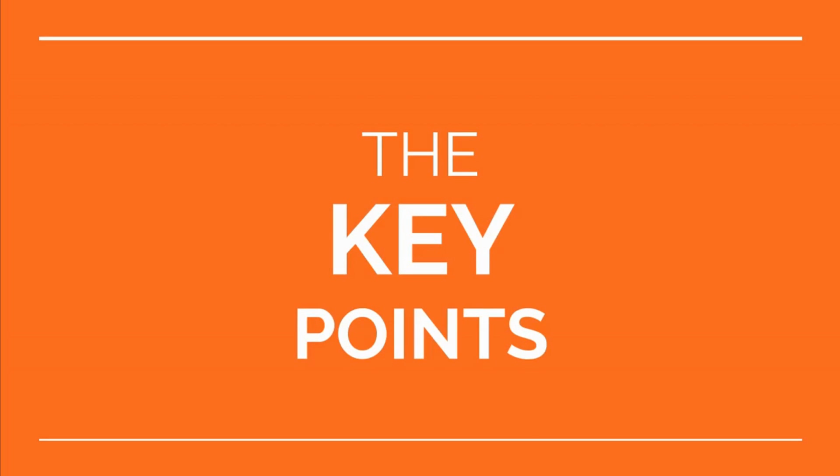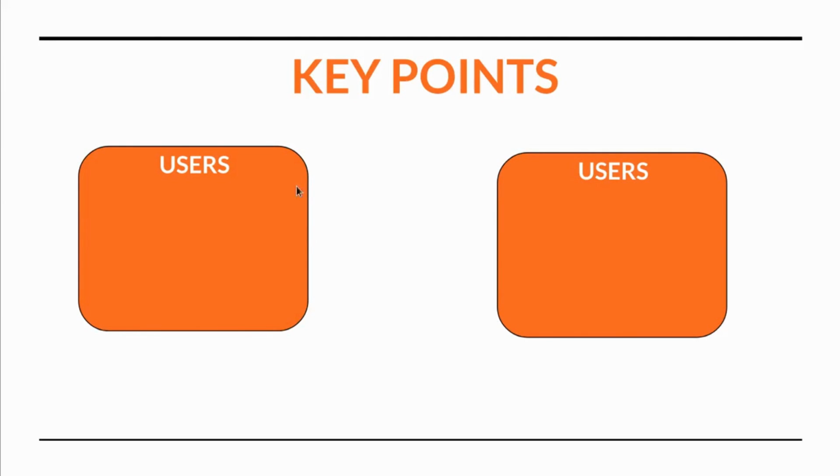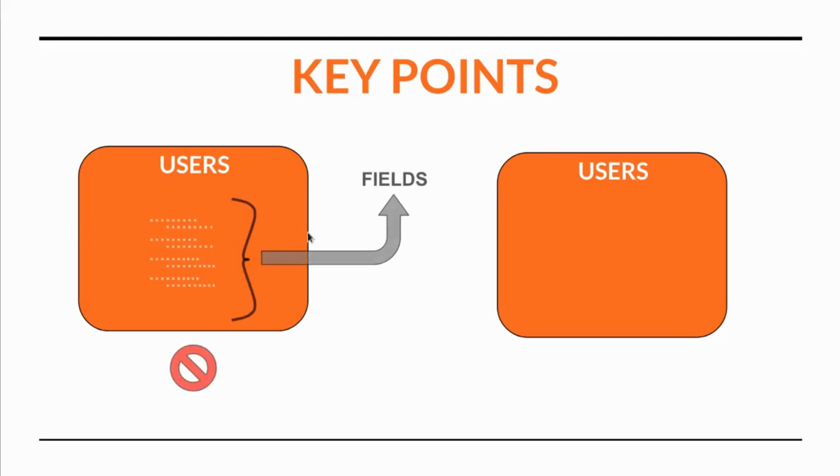Now let us look at some of the key points that you need to know before getting started with coding. Let us look at 2 points first. This is a collection, the left one with the name users, and the right one is also a collection with the name users. The first point tells us that a collection cannot contain fields directly within it.